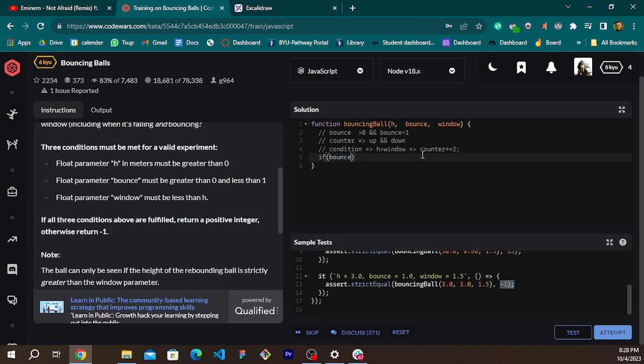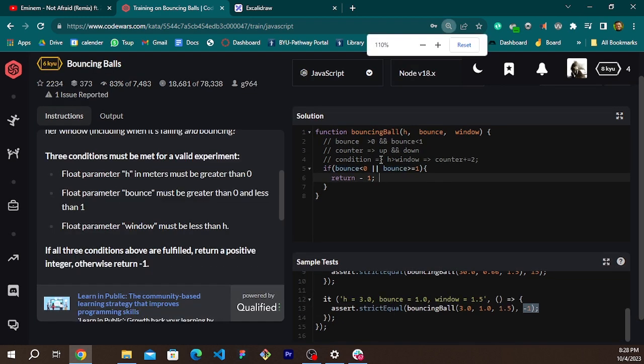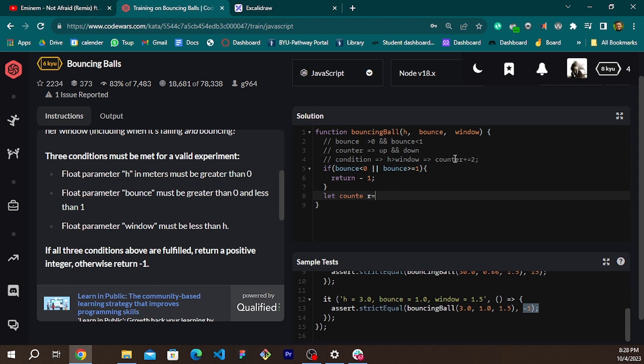Let's say if bounce is less than 0 or bounce is greater than or equal to 1, we return minus 1, because the condition would not be fulfilled, right? Then the second step, we have our counter variable, let counter initially equal to 0.